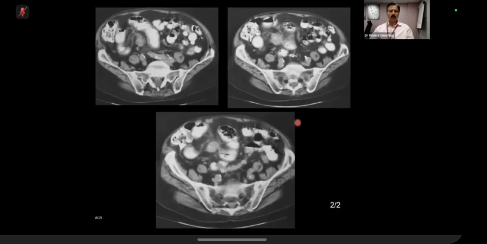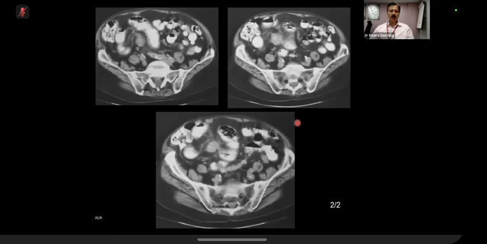Second concept is that if the tumor is more than 2 centimeters, 90% of the times when it presents to us, it has already got metastasis. Two metastases are important for you to remember. One is within the mesentery, and second thing is liver.